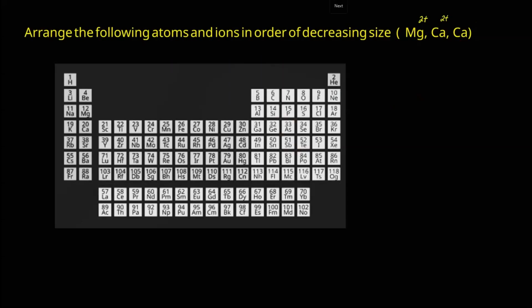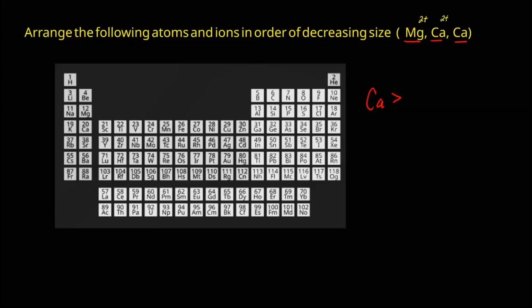In this example, we want to arrange the following in order of decreasing size. Notice I have some ions here, and I have a neutral. I know that my neutral atom is going to be much larger. So I can say the calcium then is greater in size.